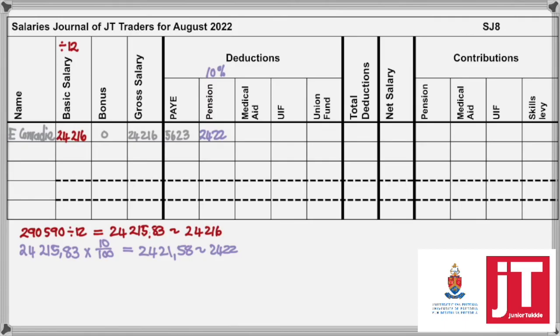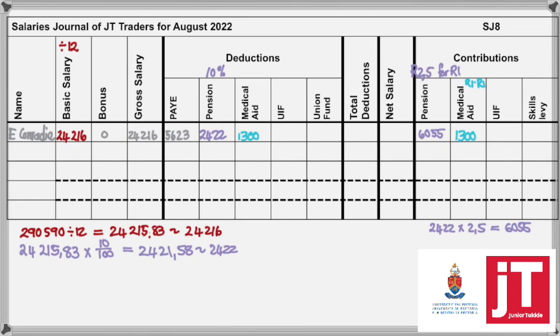Then they say the pension is R2.50 for every R1. So you take your 2,422 rand times 2.5. That gives us 6,055 rand, which will be contributed by the employer. Medical aid is given to us, 1,300 rand, and they say rand to rand, so it's 1-to-1, the same amount will be contributed, 1,300.